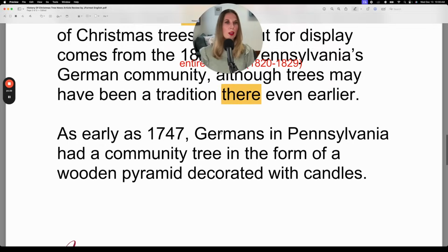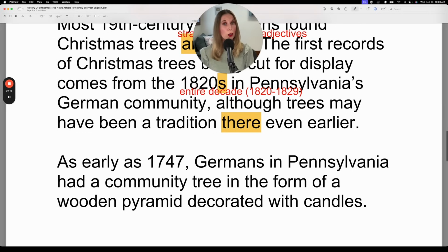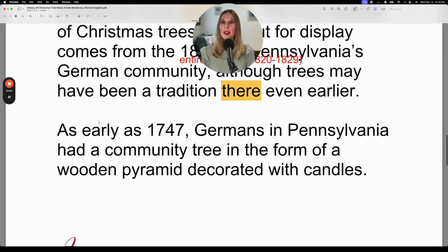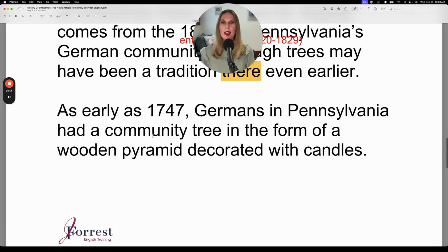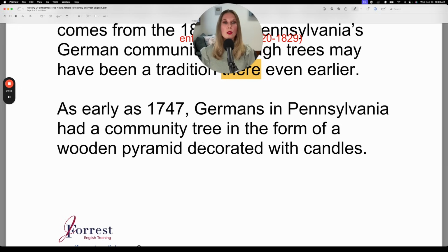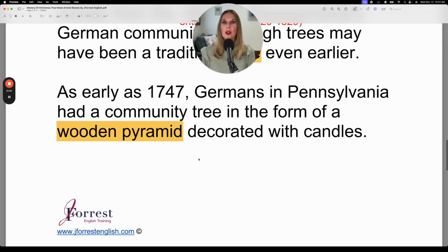All right, let's continue. As early as 1747, so quite a lot earlier than 1820, as early as 1747, Germans in Pennsylvania had a community tree in the form of a wooden pyramid decorated with candles. So again, we're seeing this wooden pyramid instead of a Christmas tree. All right, in 1747, or as early as.